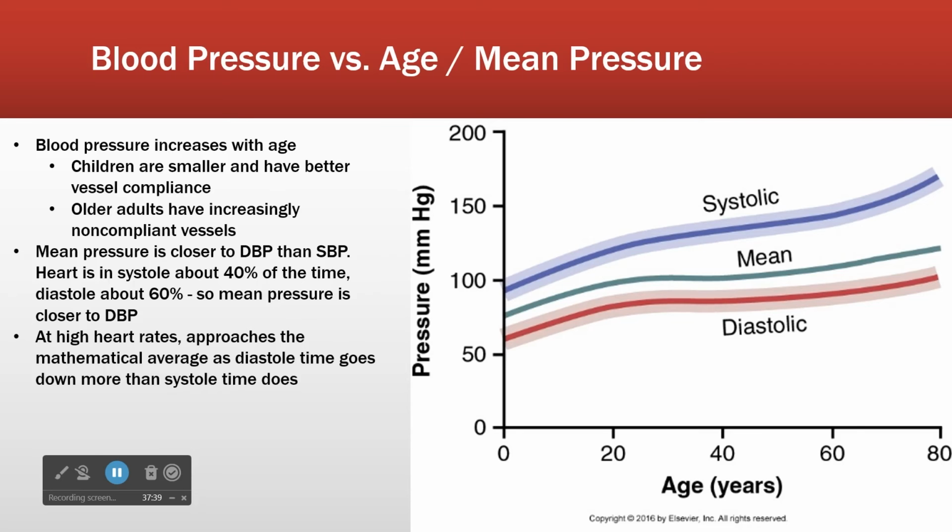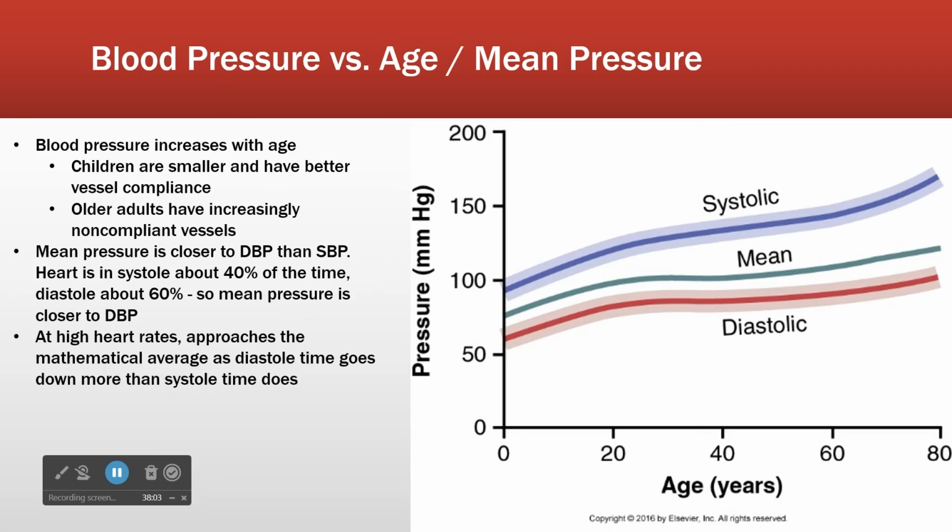So the average blood pressure is going to be closer to the diastolic than the systolic. Sometimes we do talk about MBP, mean blood pressure, or mean arterial blood pressure, and it's typically quite a bit closer to diastolic.